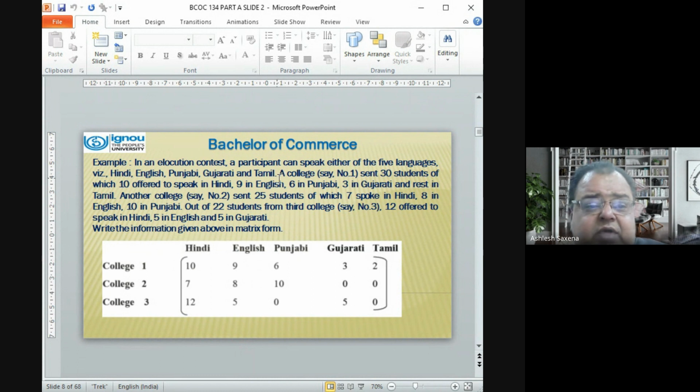Going back to the problem, we see that students can offer to speak Hindi. Right, we are talking about college one. Straight away with the Hindi you can write it in front of college one. In English there are nine. Below college one you can write nine.